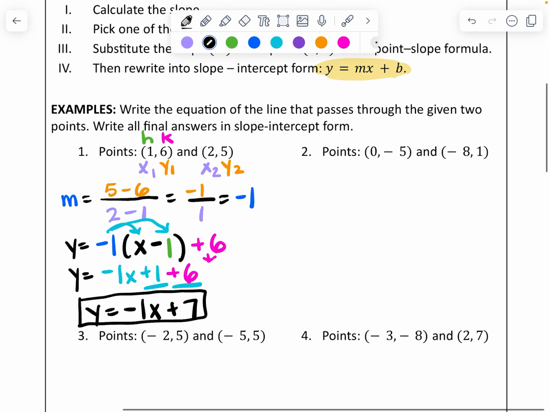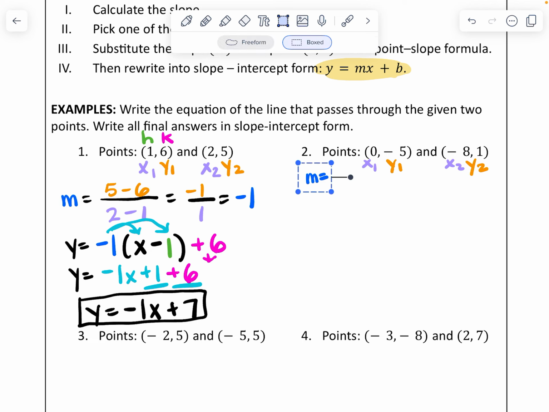Number 2, calculate the slope. We have x1, x2, y1, y2. One minus negative 5, so that makes this a plus.